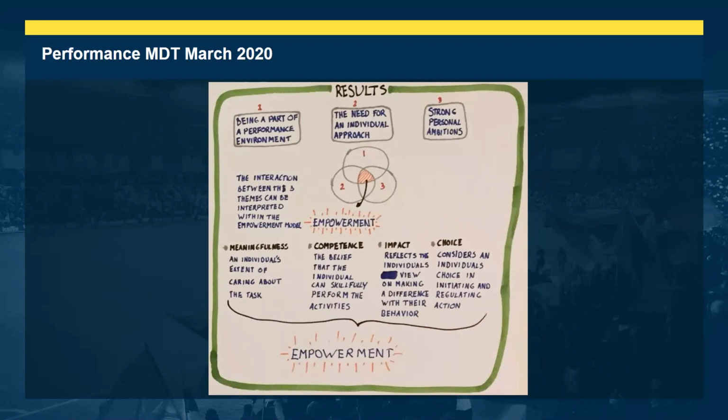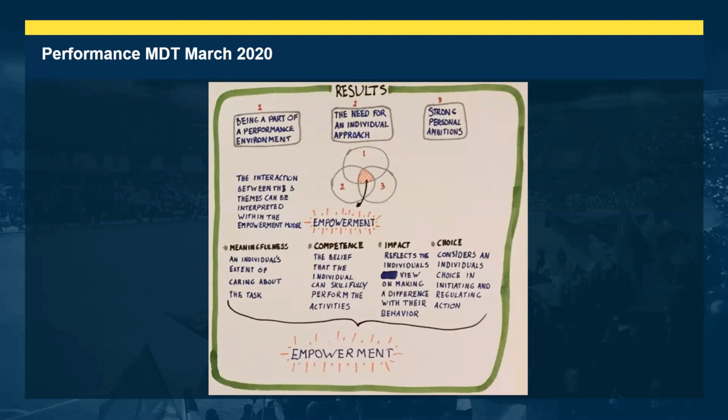Empowerment, the model proposed by Thomas and Velthouse, is a motivational theory. It consists of 4 elements: meaningfulness, competence, impact, and choice. Meaningfulness refers to the individual's caring about the task or the individual's personal values.